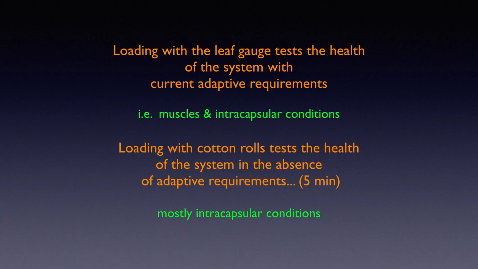In other words, you're testing the response of both muscles and intracapsular conditions. Loading with cotton rolls tests the health of the system in the absence of the adaptive requirements after approximately 5 minutes, so one is mostly testing the intracapsular conditions.